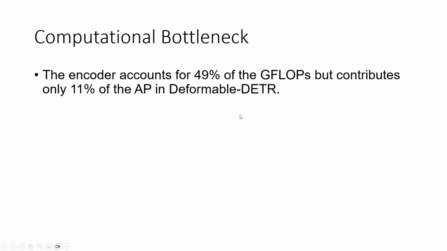It's more or less the same in all the DETR versions, like Scale DETR and Conditional DETR. The percentage is more or less the same. The GFLOPs suffer a lot because of the encoder, but the AP increase because of the encoder is not much compared to the speed suffered.